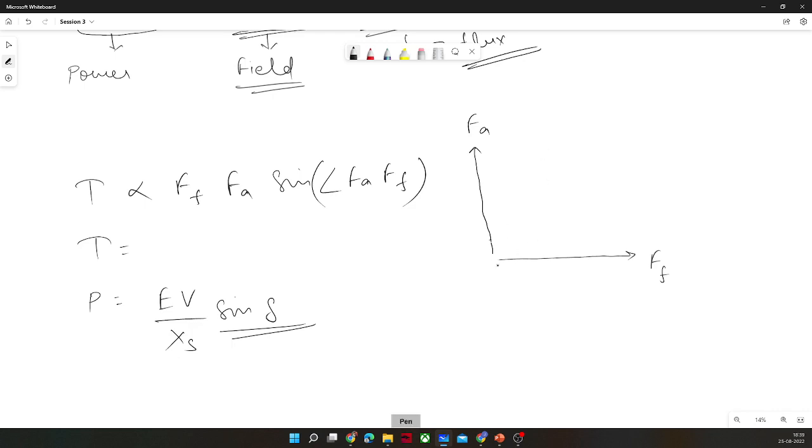There would be one resultant. This MMF is due to armature, this MMF is due to field. So one resultant would be this, and this is generally delta, right?